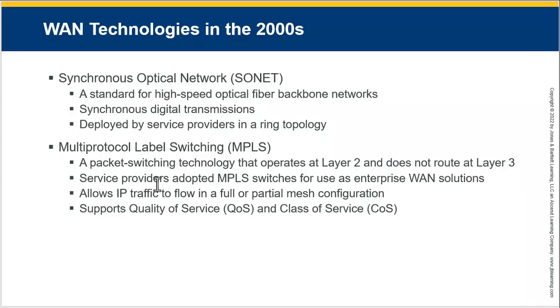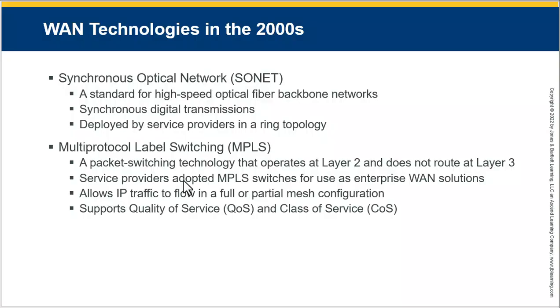MPLS, multi-protocol label switching. What this does is it allows devices to switch packets over an internal network. It operates at layer 2. Multi-protocol label switching is just used by ISPs to communicate across their own network.